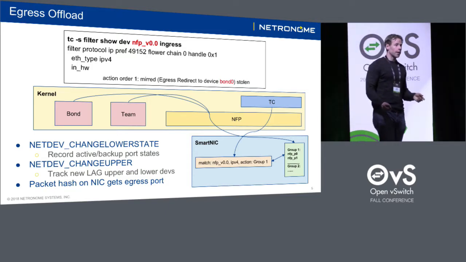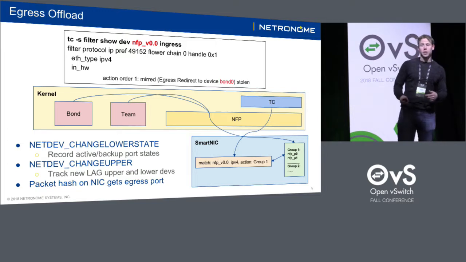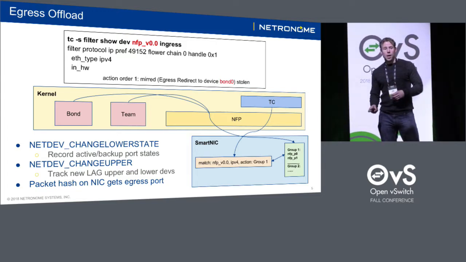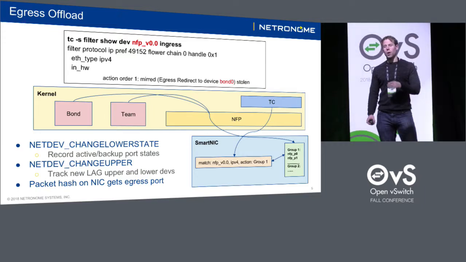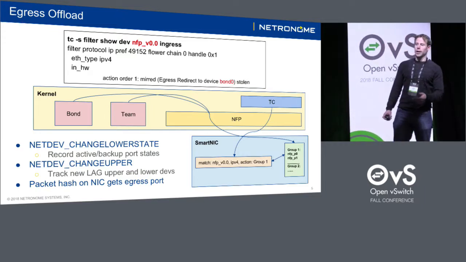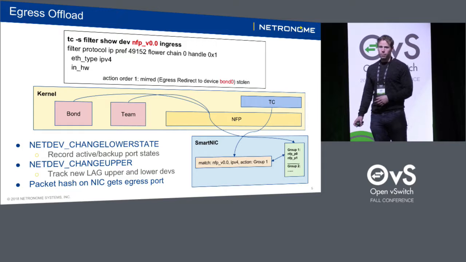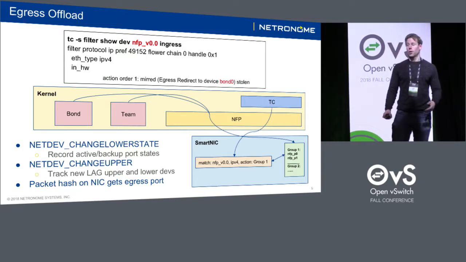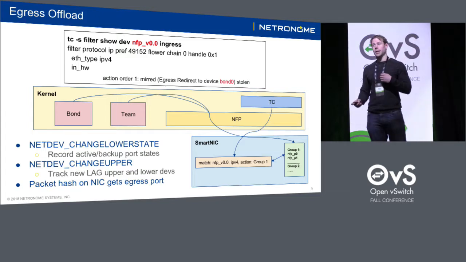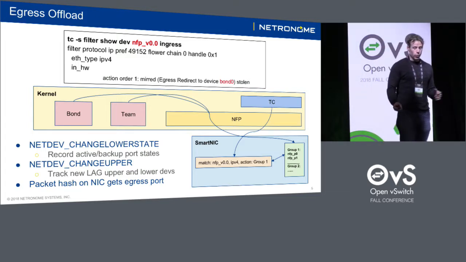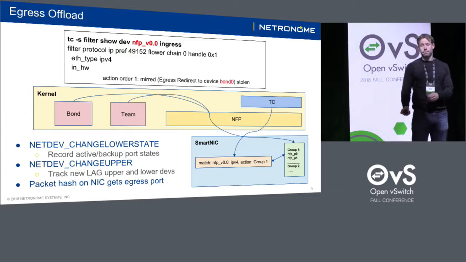So from our driver perspective, we receive and track all this information, and we make simple calls like: here's a new bond, are the lower level ports ones we're interested in? Can we offload them? Are they physical ports on our card? If so, we package these together, we assign them a group ID, and we write this to our SmartNIC.